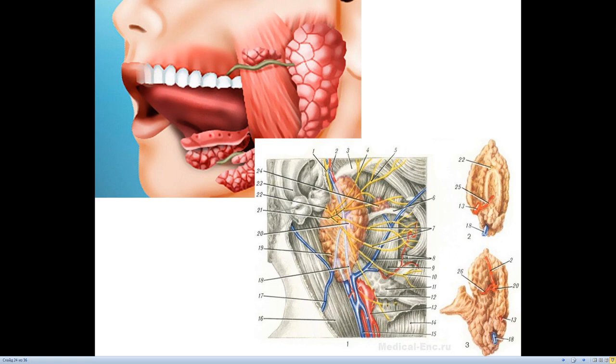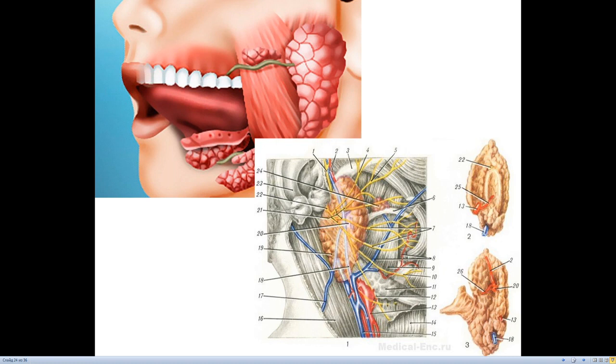As you remember, the duct of the parotid gland rests in a horizontal position, parallel and inferior to the zygomatic arch. It rests on the external surface of the masseter muscle, near the anterior margin of the masseter muscle.